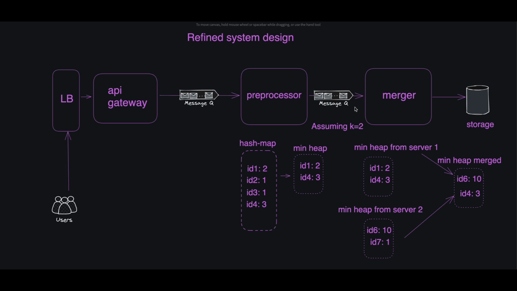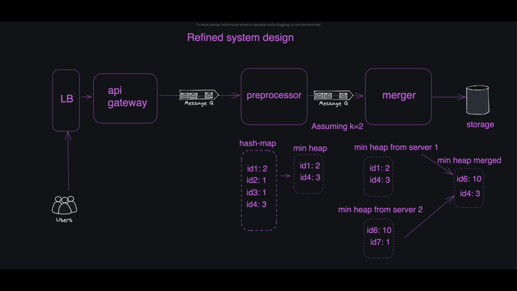So in order to calculate this, we would need to keep our events stored somewhere like storage, and the most suitable one would be a distributed file system, because we would need to store a lot of events. Also, the next best thing would be to store these hash maps of chosen granularity. In our case, we were talking about 1 minute, but it can also be like 10 seconds or 20 seconds, something like this.